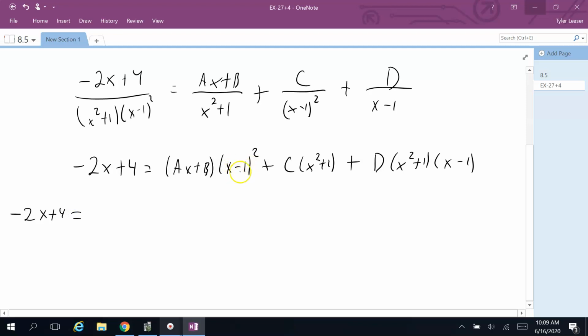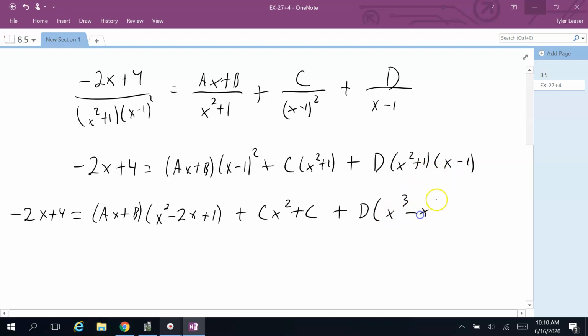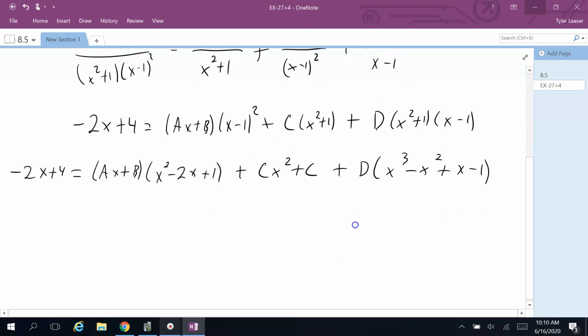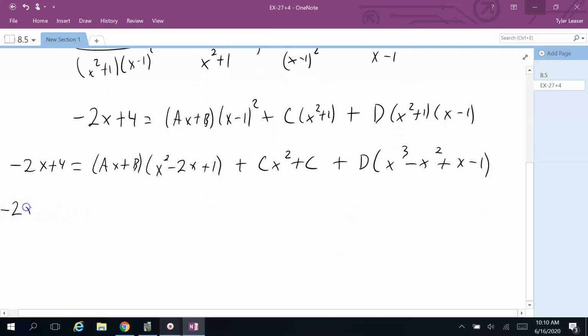So first thing I'll do is I'll square that x minus 1. X minus 1 squared is x squared minus 2x plus 1. Go ahead and distribute the c into the parentheses here. I'll leave the d outside for this one and then just FOIL these two things together. I'm probably not going to have enough room to write all this out, so I'll have to make 2 lines, but now we need to multiply these two things together.